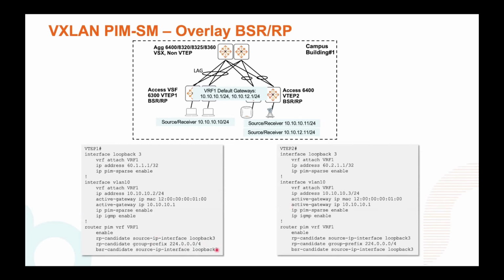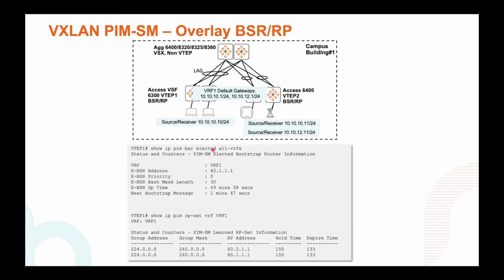This is how you achieve redundancy for BSR and RP in the overlay. How you check it? You can see here that both are RPs for the same group. So it is load sharing. Both become RPs to share the groups.